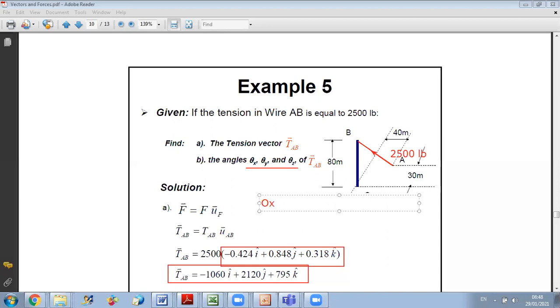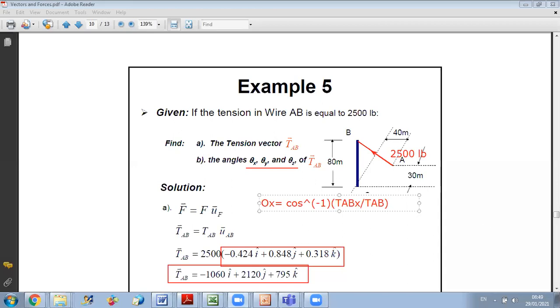If I go back to the definition, it's cosine minus 1 of TABX over TAB. And the same for the two other angles, cosine minus 1 TABY over TAB and cosine minus 1 TABZ over TAB.